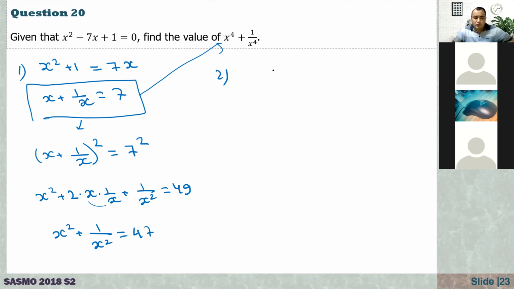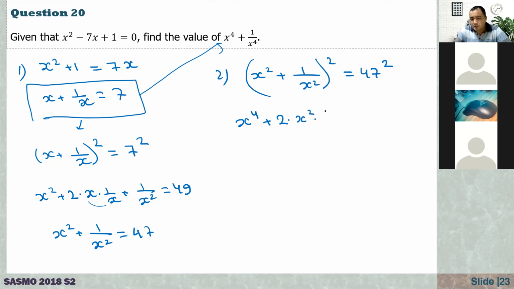Now you square one more time. Square both sides of the equation. On the right-hand side, we have 47 squared. Now we will have a similar thing, right? x to the power of 4 plus 2 times x squared times 1 over x squared, and here we have 1 over x to the power of 4.